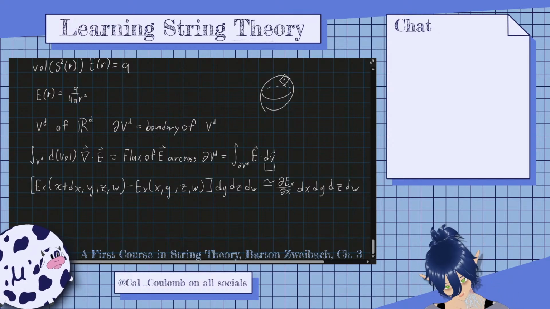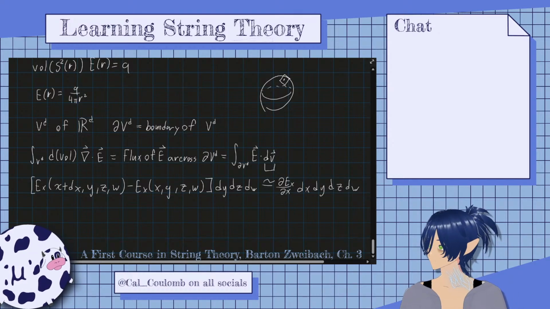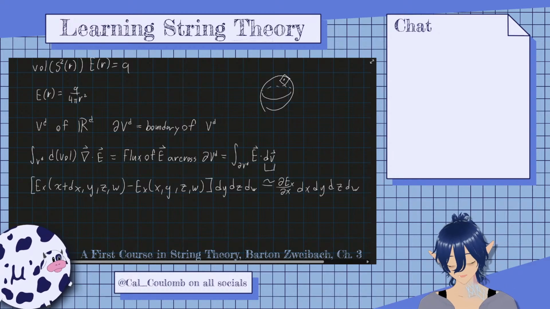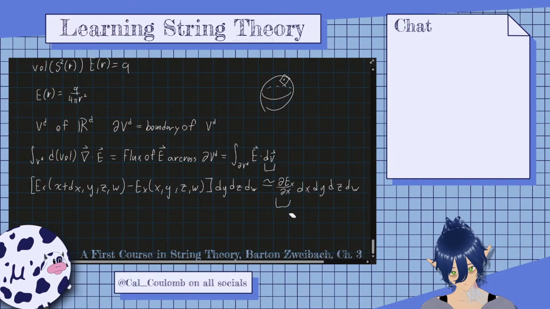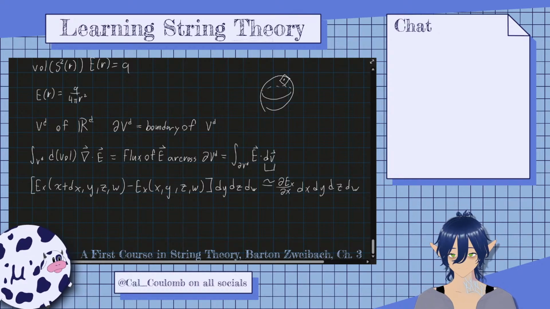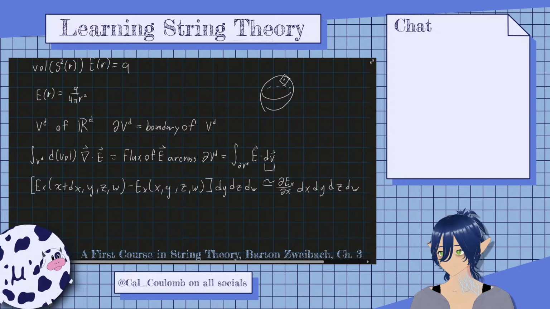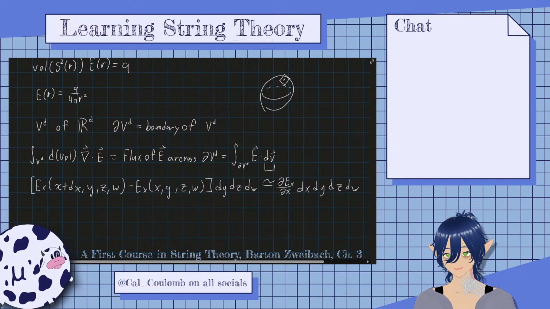And we can see that this, if we consider all of the components, would just be the divergence if we added them together. Analogous expressions hold for the fluxes across the three other pairs of faces.